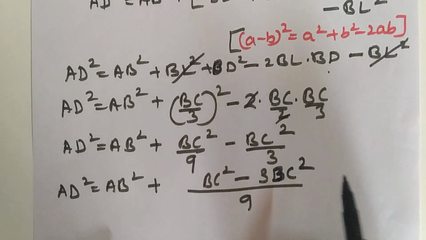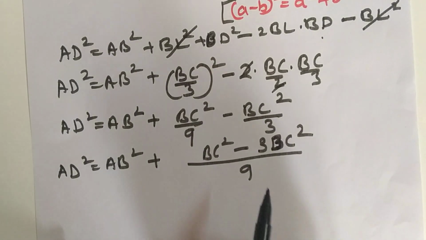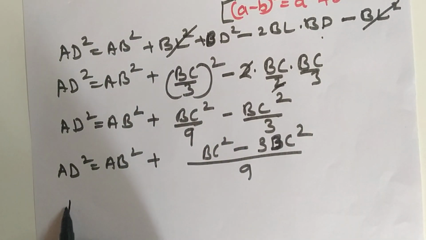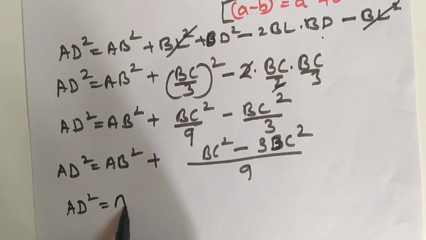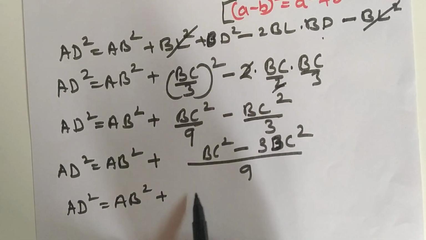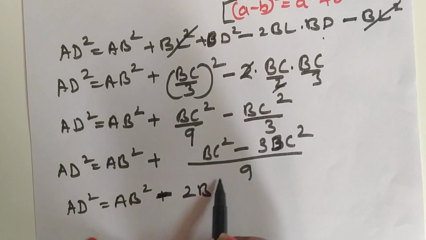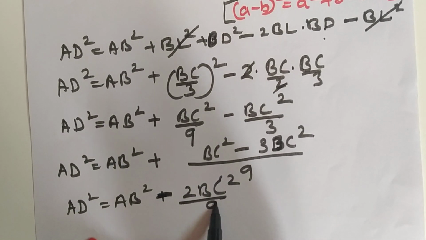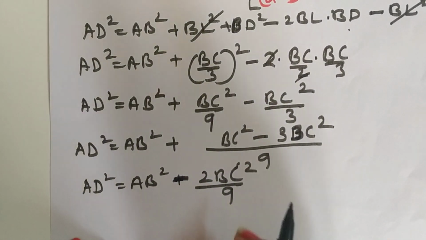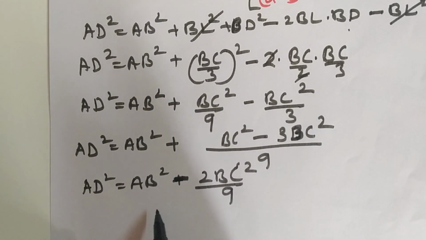Clear? We have taken LCM for this. Now AD square is equal to AB square plus minus 2 BC square upon 9. Clear? Minus 2, 1 minus 3, that is minus 2.